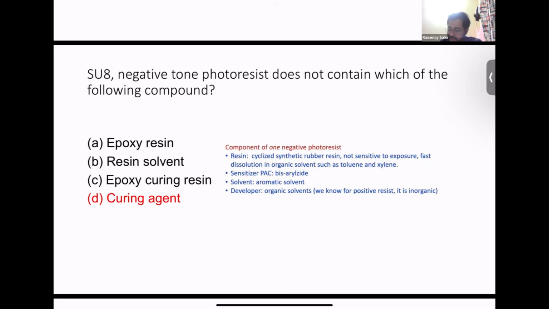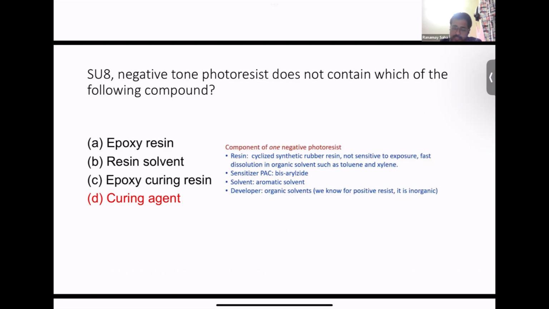Okay, so on the right hand side, you can see the main components of a negative photoresist given in detail. So a resin happens to be there, which is not sensitive to exposure actually. And then a photoactive component, of course, must be there for bonding or debonding.